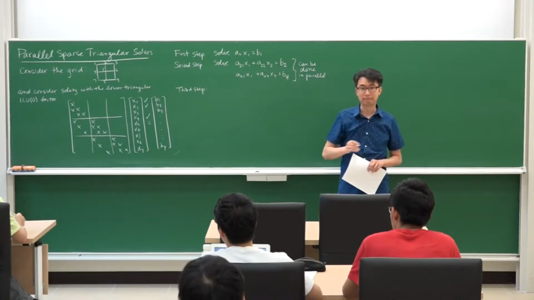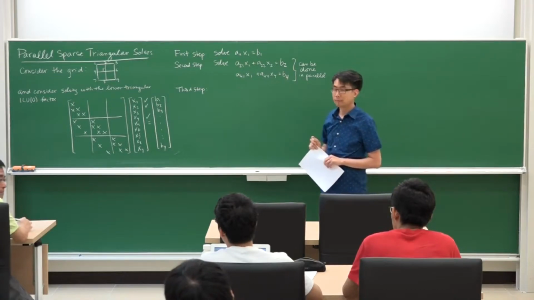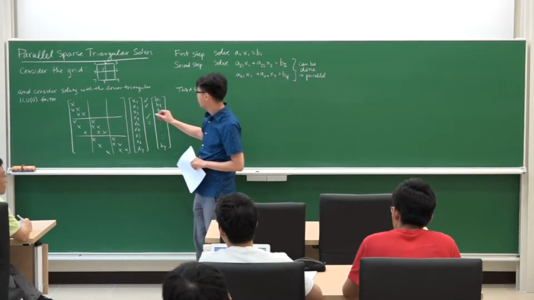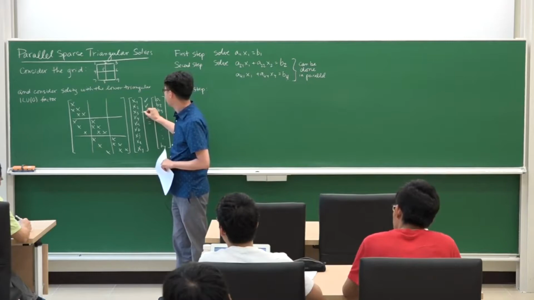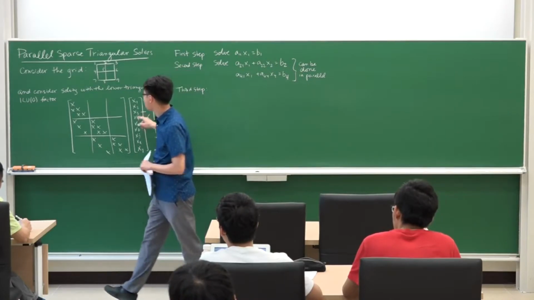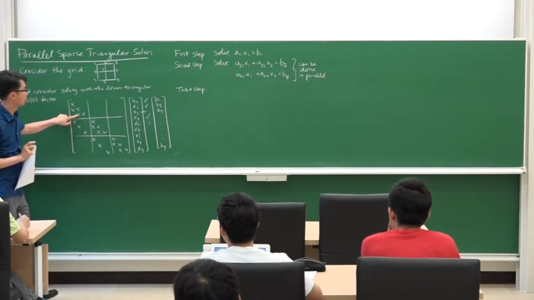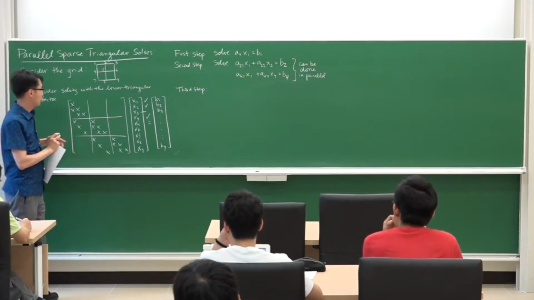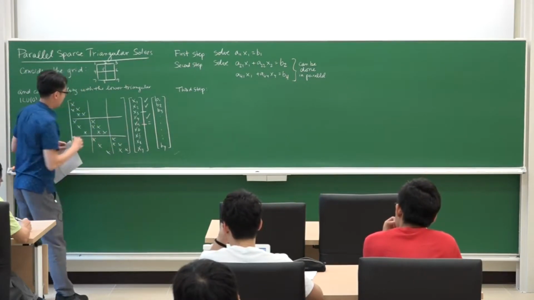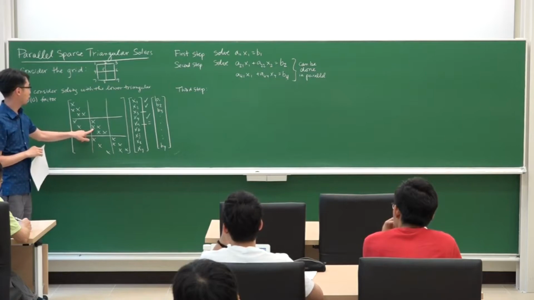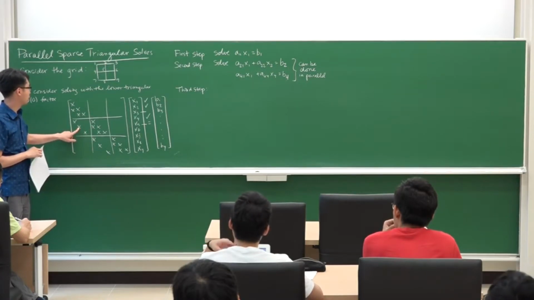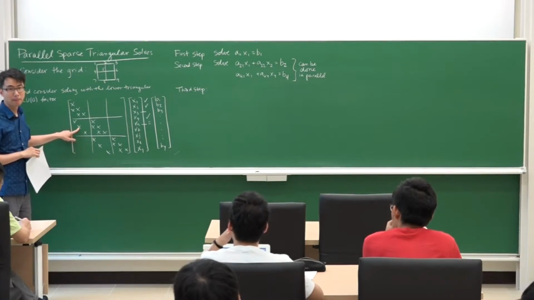Yeah? x3, we can compute because x3 only depends on x2, and that we just computed that. x5 depends on x4, we've computed that, and we've computed x2 as well.